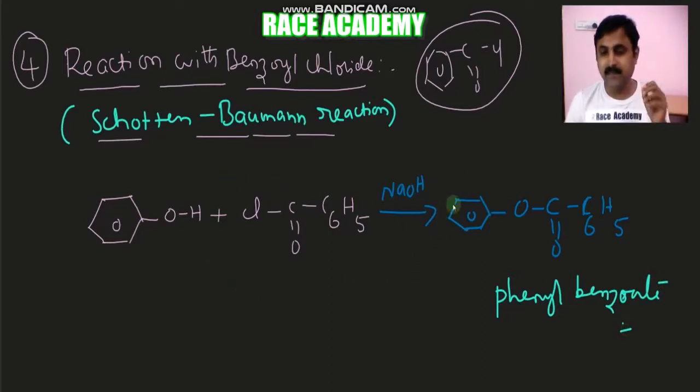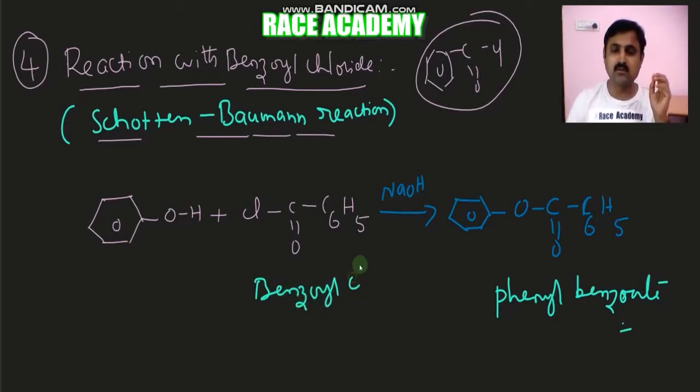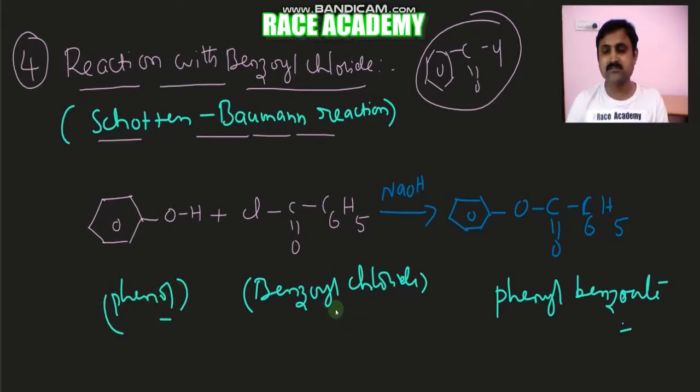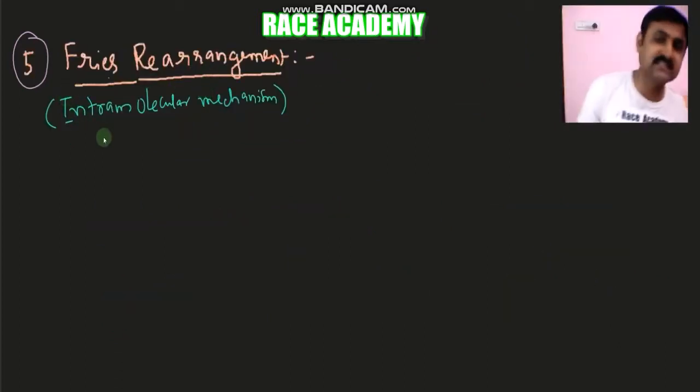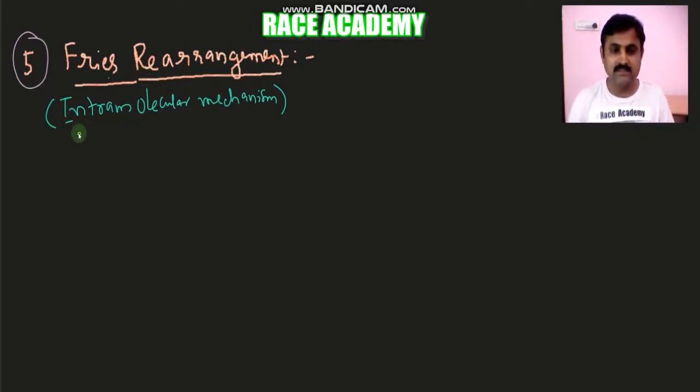So you can prepare this type of benzoates, esters, in the presence of benzoyl chloride. This compound is called benzoyl chloride, and this is called the Schotten-Baumann reaction. Phenol reacts with benzoyl chloride and forms phenyl benzoate.